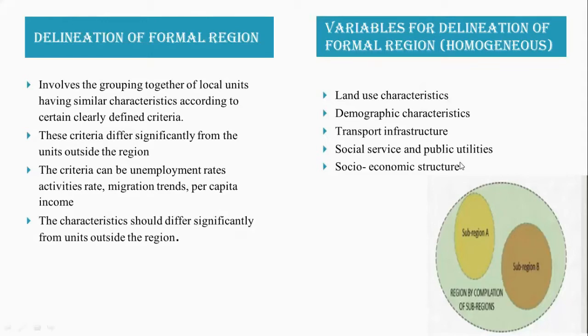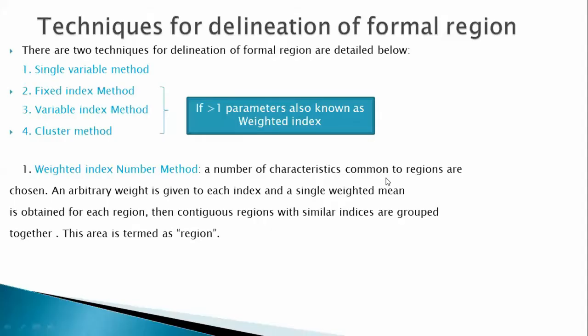There are certain variables which are used to delineate the formal region. These are land use characteristics, demographic characteristics, transport, social service, etc. These are the variables which are taken when we try to delineate a formal region, so we can delineate it based upon land use characteristic or demographic characteristic or various socio-economic structures, etc.